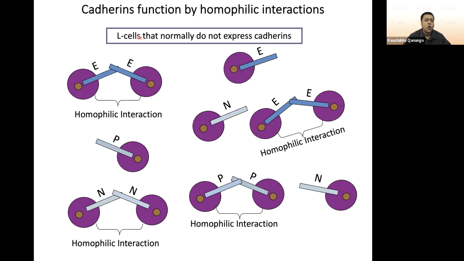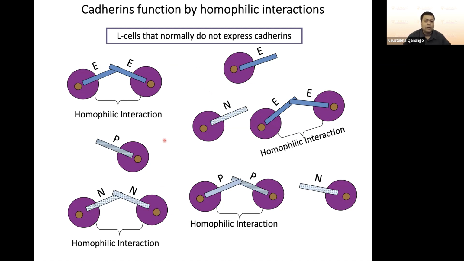So there is no endogenous cadherin in those cells. So what they did is they transfected the genes specifically for E-cadherin, then P-cadherin, as well as N-cadherin into those cells. So those cells were now expressing E, P, as well as N-cadherin, and they mixed all these cells.